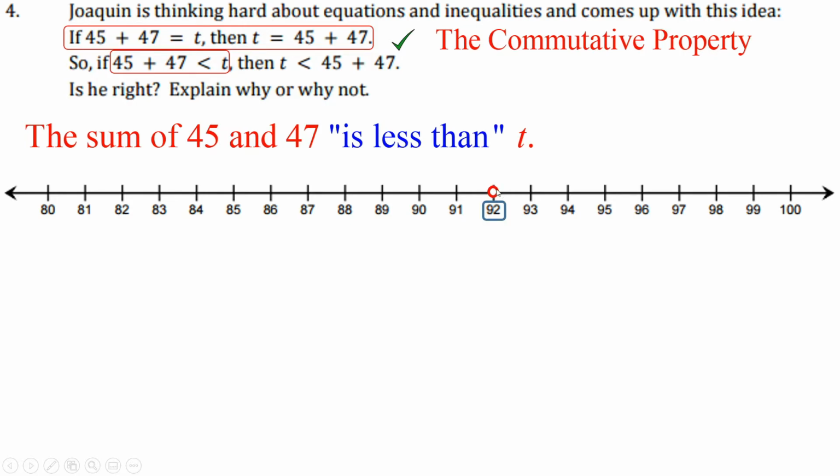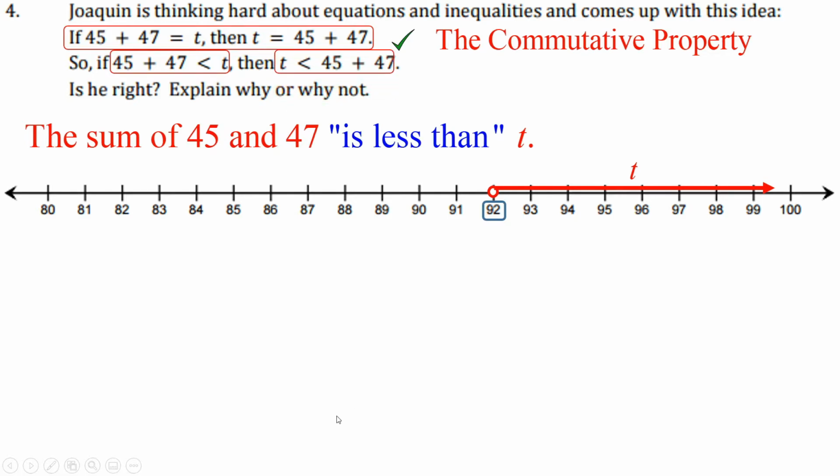So this sum is less than t. That means t would have to be to the right of that. So I'm going to draw a ray from this open dot at the 92 going to the right to represent every real number to the right of 92. Okay, and there's a graph of 45 plus 47 is less than t. 92 is less than all my t's. Those are all my t's right there.